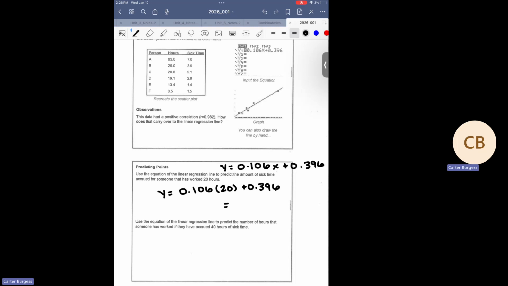I get that this is about 2.5. What does that mean in the context of this problem? What does that 2.5 represent as a y value? Sick time. So we would expect someone who has worked 20 hours to get about 2.5 hours worth of sick time.